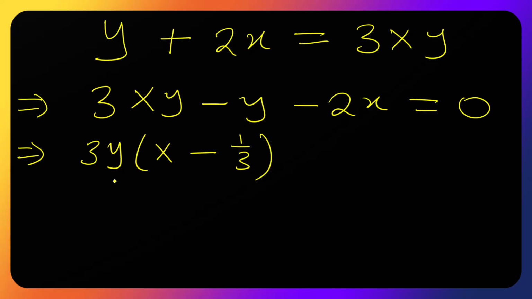In going back, 3y times x will be 3xy, and 3y times 1 over 3, this one will cancel. I still have my y here, so this side is perfect, minus 2x equals to 0.